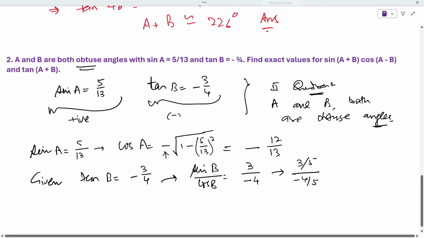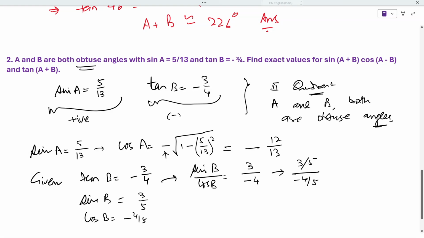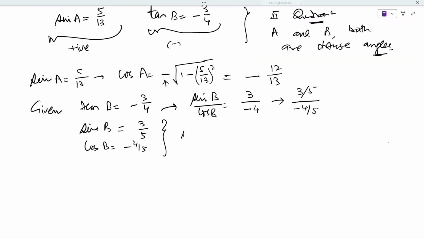So sin B is equal to 3 by 5 and cos B is minus 4 by 5. Of course cos B is minus 4 by 5 because in the second quadrant cos θ is negative and sin θ is positive.